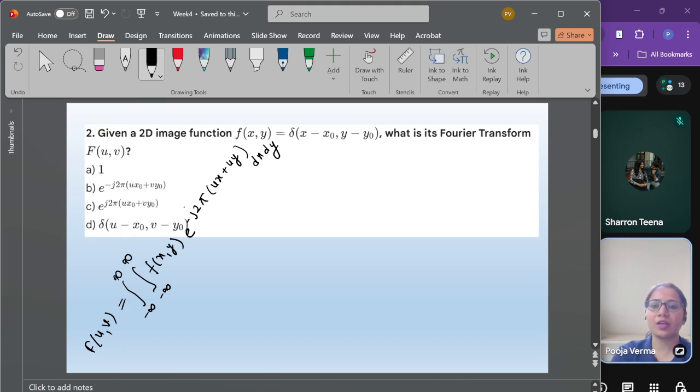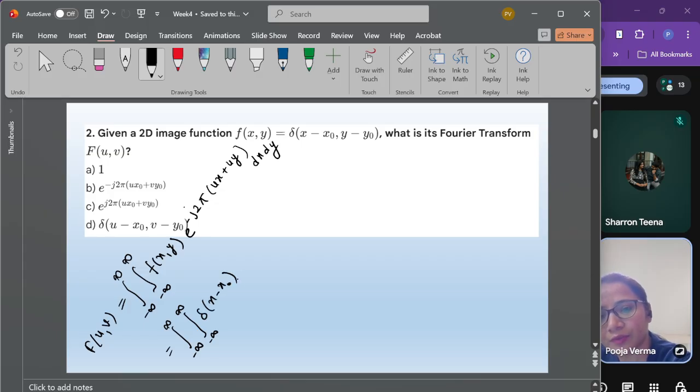This is the Fourier transform for a 2D image function. Here f of x, y is given, so if you put it in this function, you will get the integral from minus infinity to infinity. Here again, just put delta of x minus x naught, and this one will be the comma.